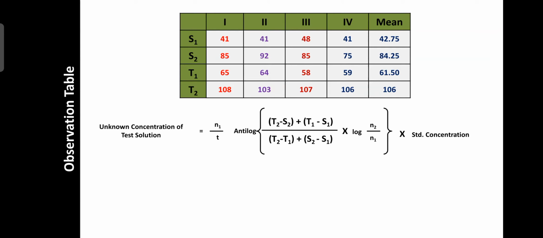Here N1 and N2 are the low dose and high dose of standard, that is S1 and S2, and T is the dose of test in ml. Then S1 is the average response of the low dose of standard, S2 the average response of the high dose of standard, T1 the average response of the low dose of test, T2 the average response of the high dose of test, and CS is the standard concentration.